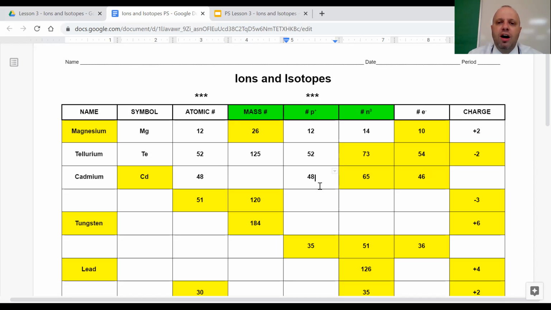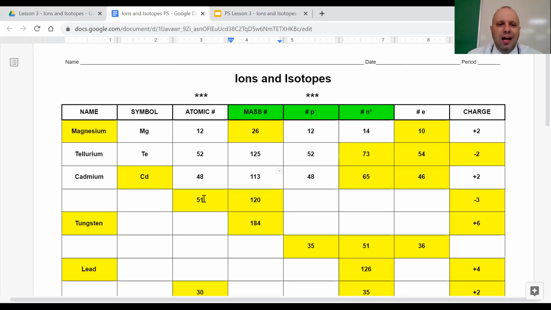Because I have more of the positive protons, I know that my charge is going to be positive by 2, because it's 48 compared to 46. The last part of this is to add together my protons and neutrons. So when I do that, I wind up with 113.